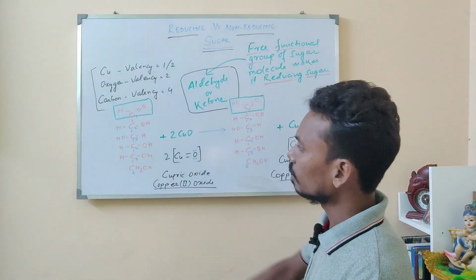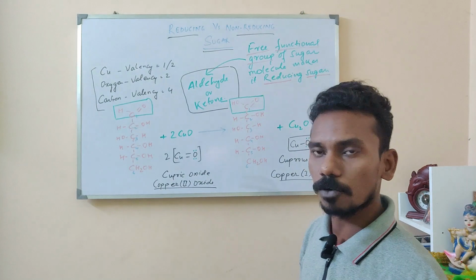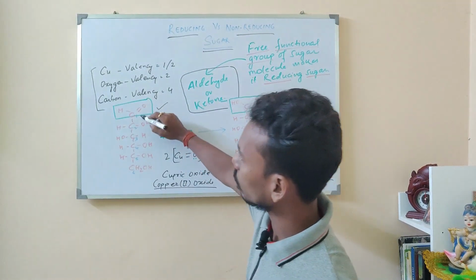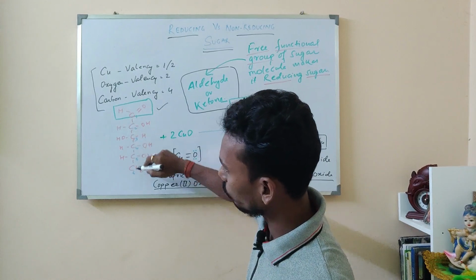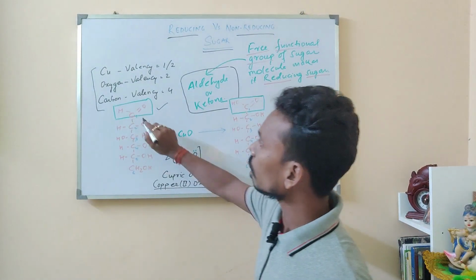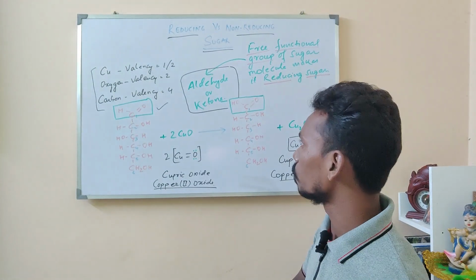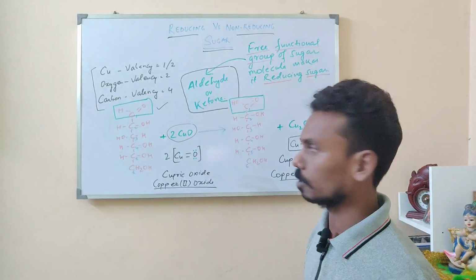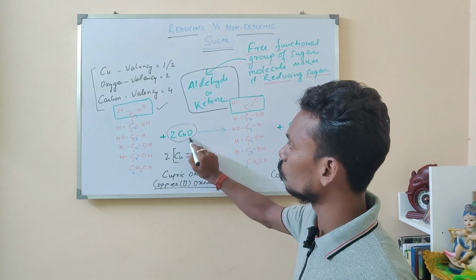So let's see, this one is the structure of glucose having aldehyde group at this part. This one is the carbon number 1, 2, 3, 4, 5 and 6. So the carbon number 1 has aldehyde group, and now add cupric oxide. Cupric oxide is CuO.